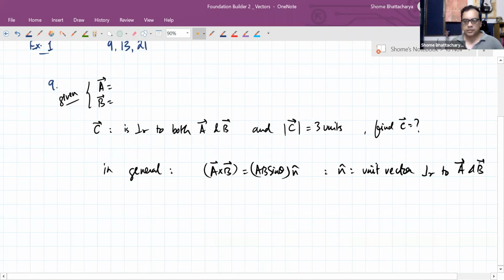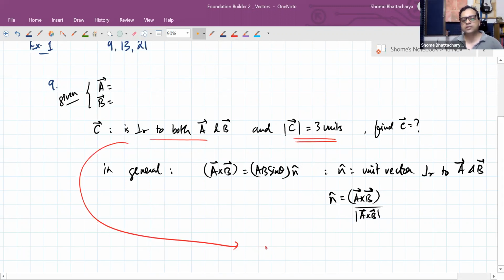So n cap can be expressed as A cross B divided by its own magnitude. In this case, C's magnitude is 3 and C is perpendicular to both, so the vector C would be plus minus 3 n cap, because it could be in either direction. So this is the general method.